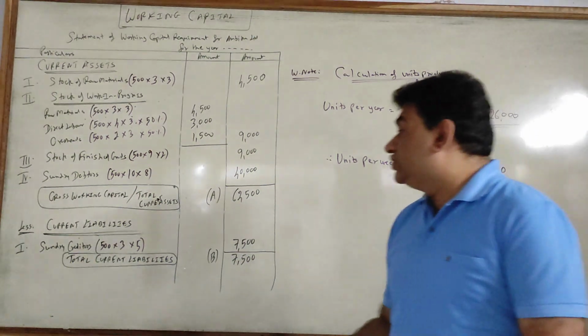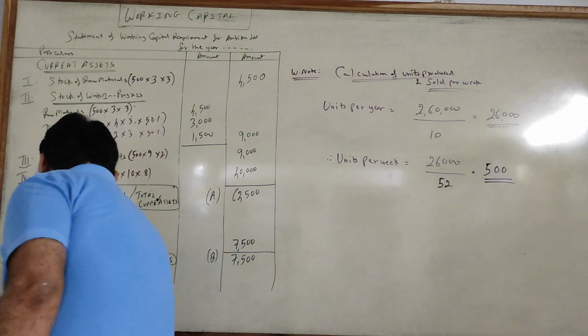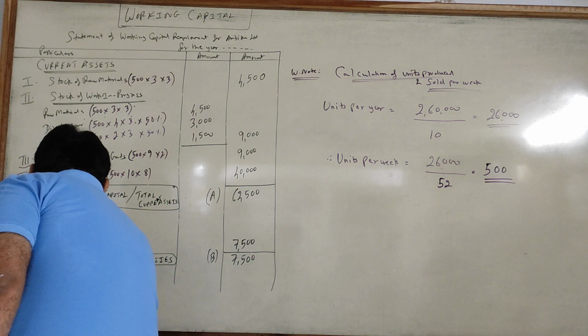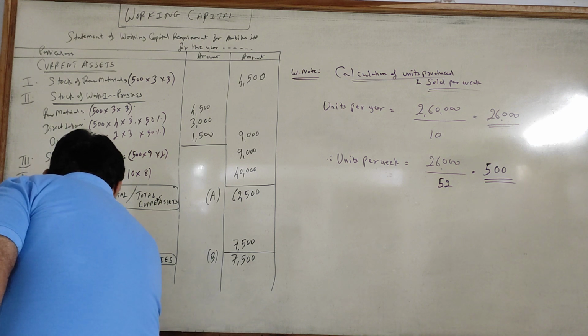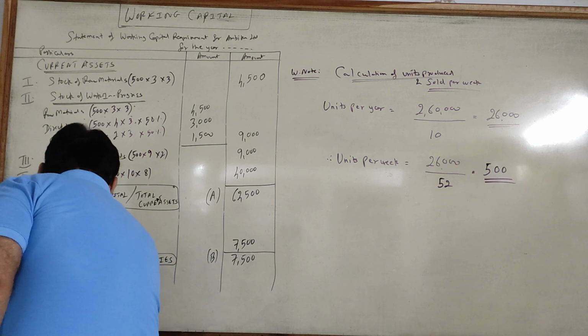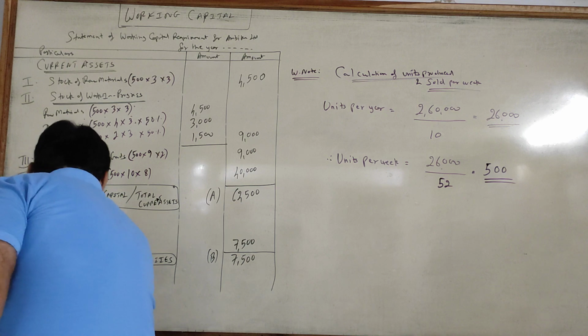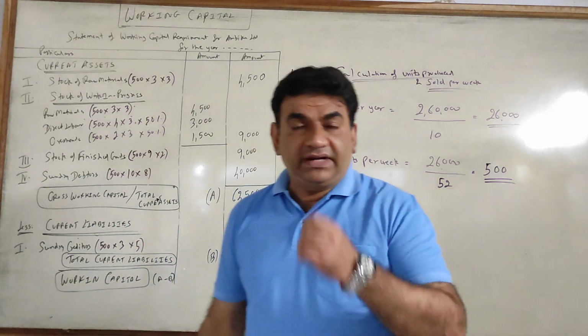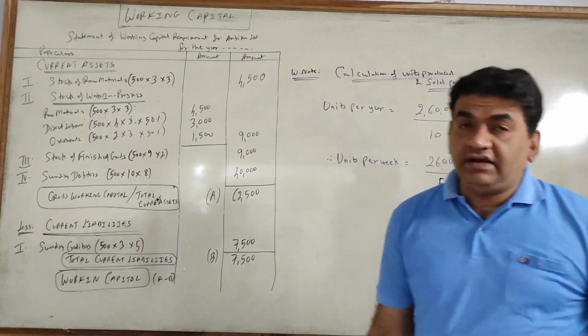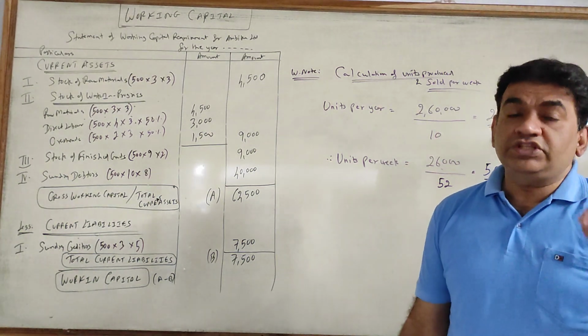Now what is the name of the chapter? Working capital. So your working capital is nothing but A minus B. We call it total working capital because there will be some adjustments, some 1 or 2 points will come.